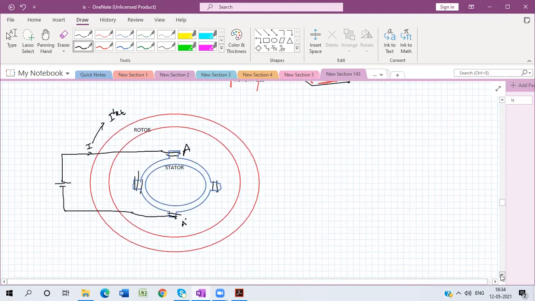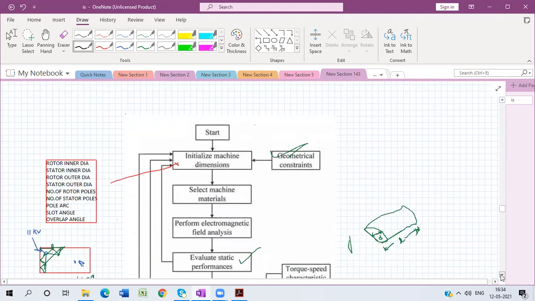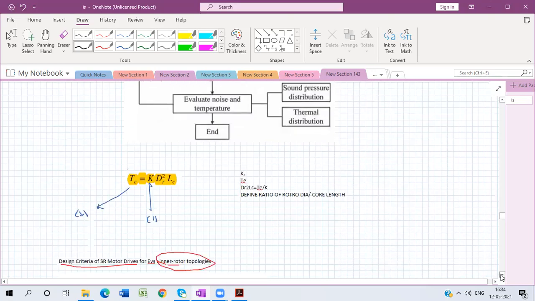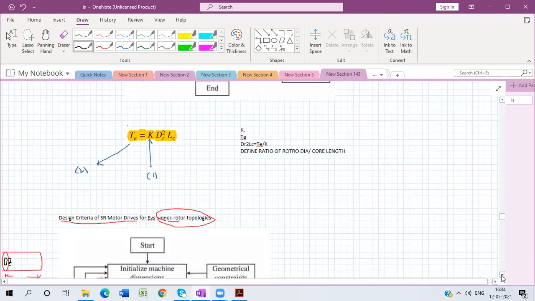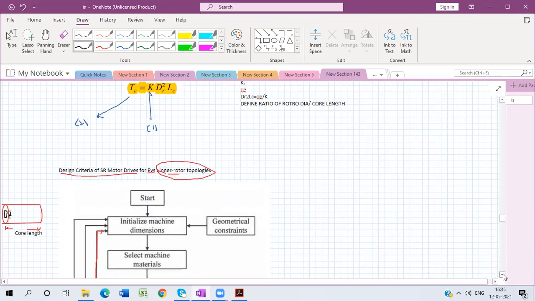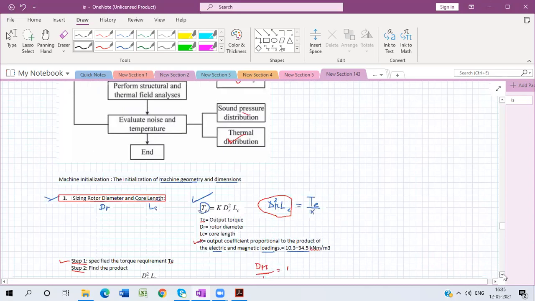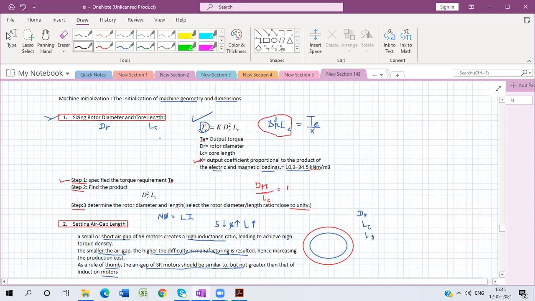After that we have discussed the design of the switched reluctance motor. From the design point of view, you have to remember the basic equations. I have divided the total machine design into 9 steps.